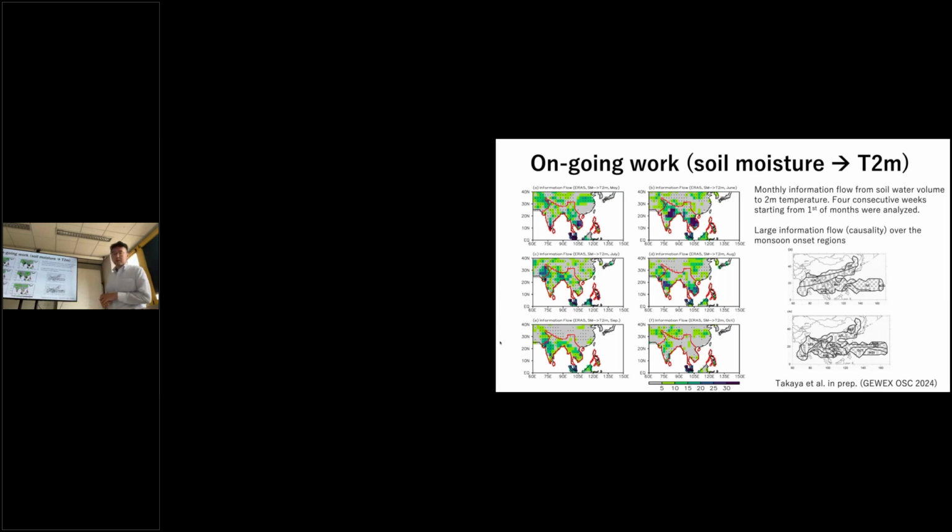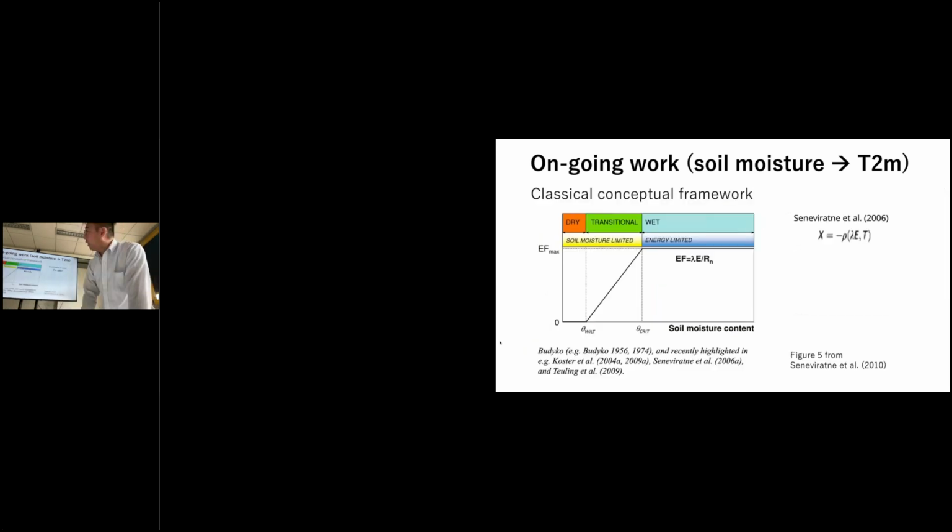I have more detailed analysis, but because of time, I can't introduce it. Actually, I'm still working on this. Lastly, I would like to give a conceptual framework on the land surface.